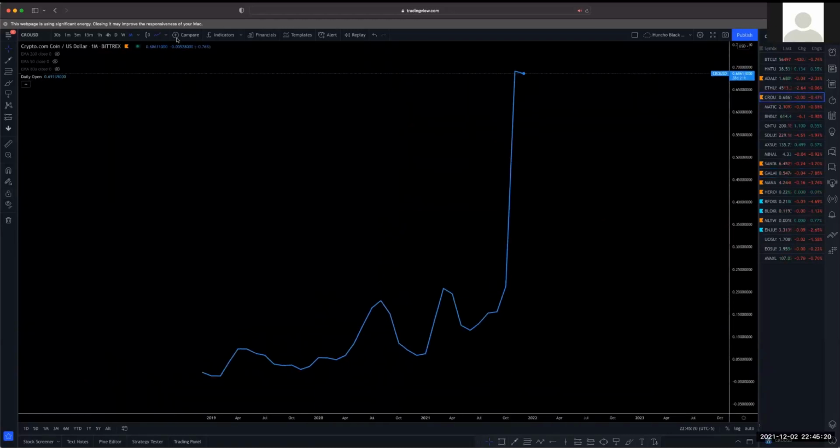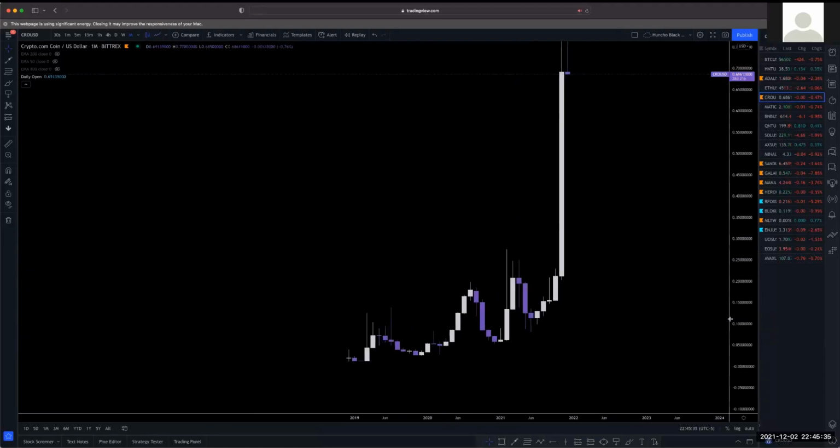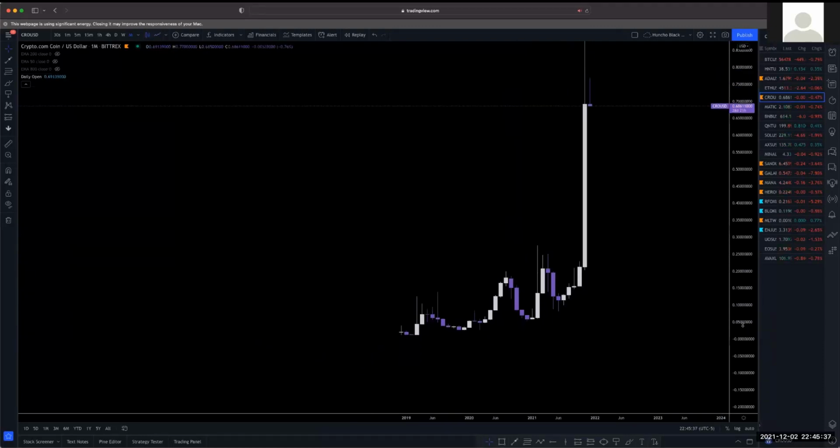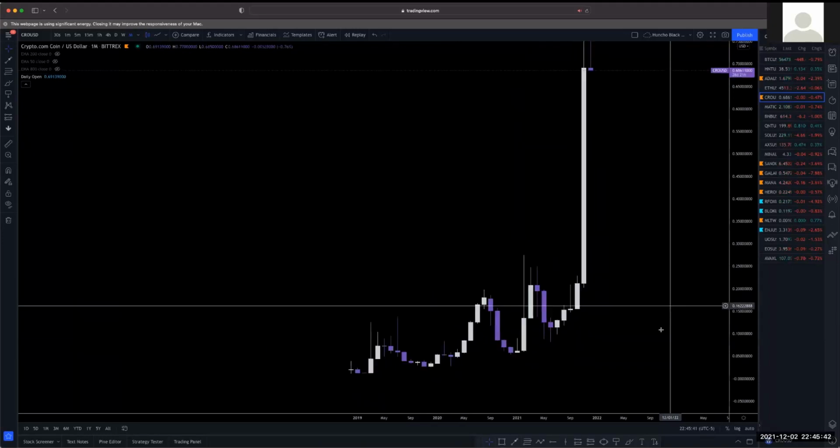Now, you guys will view charts on either a line chart, like we've been viewing now, or what's called a candlestick chart. A candlestick chart is what you guys see here.